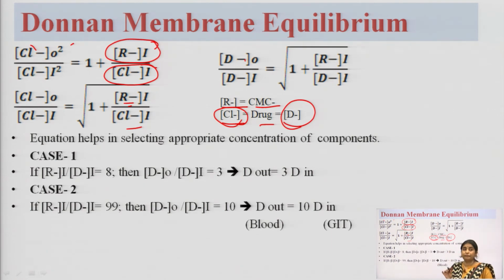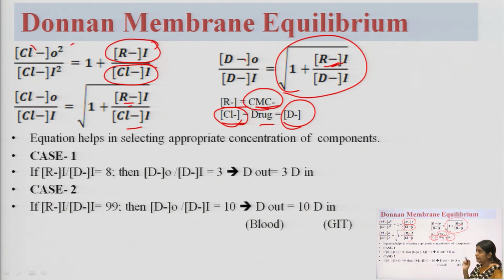This is applicable for anionic drugs, and the condition is that the drug should be diffusible, and in place of R minus we can take any anionic polyelectrolyte which is non-diffusible.